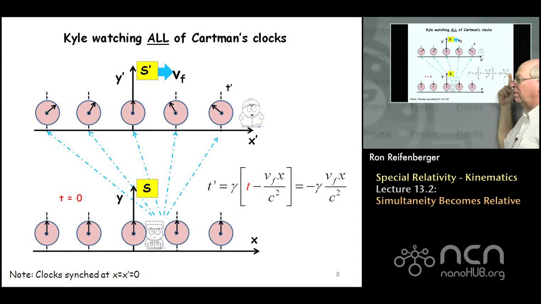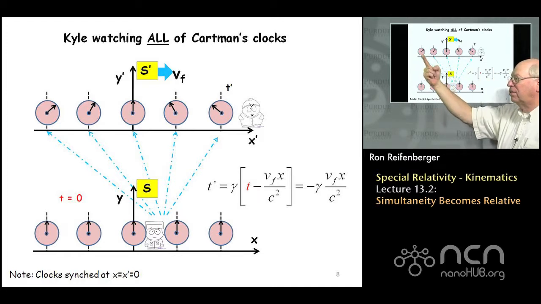And so if x is a positive number, this negative sign is important, because clocks out here in the positive x direction are going to be behind the t equals 0 mark. And when x is a negative number, multiplied by this negative sign it gives you a positive number.